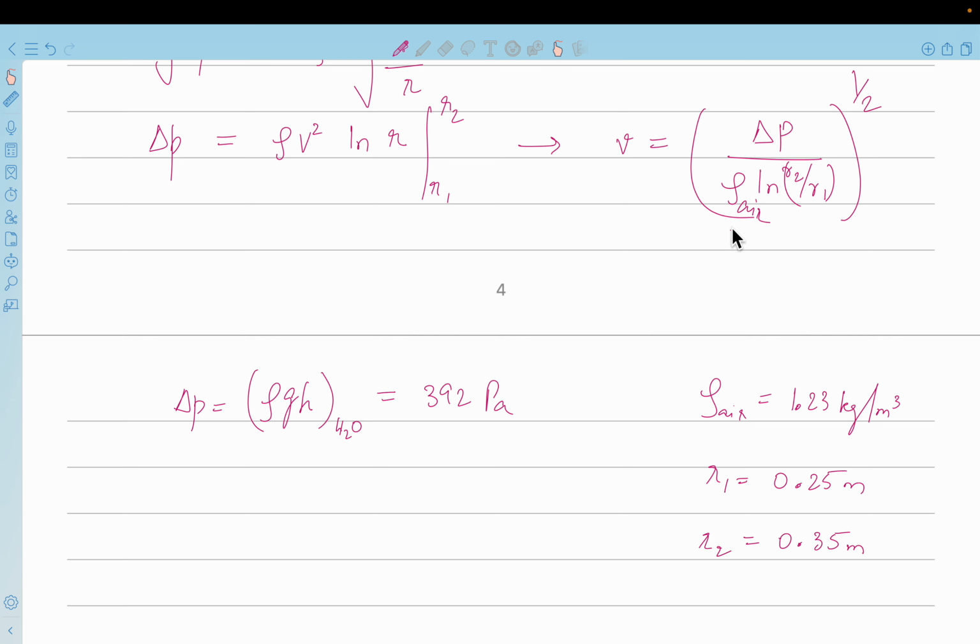So can you plug in and tell me what is the velocity? Please calculate this and tell me the answer.